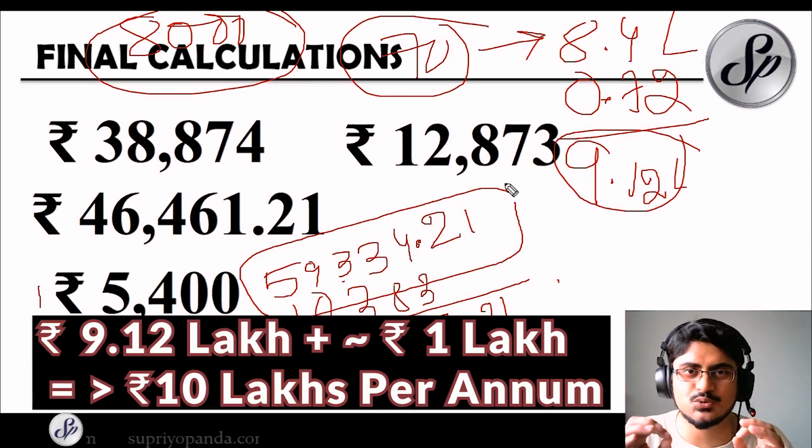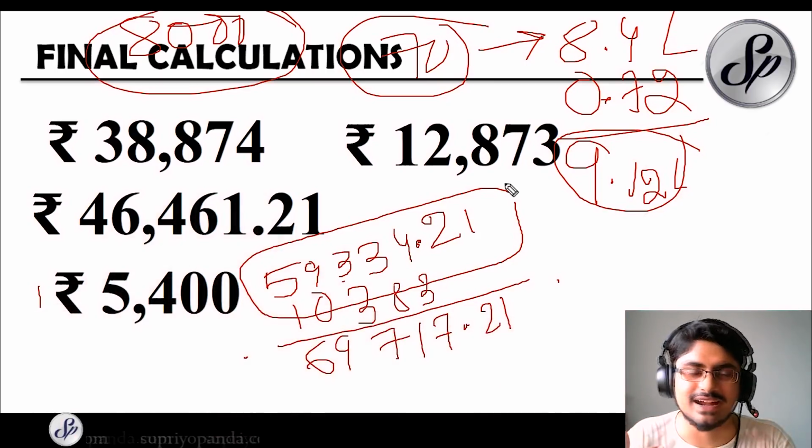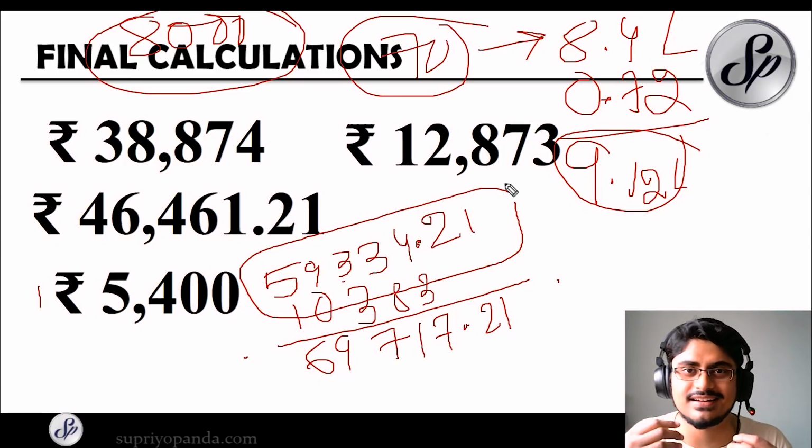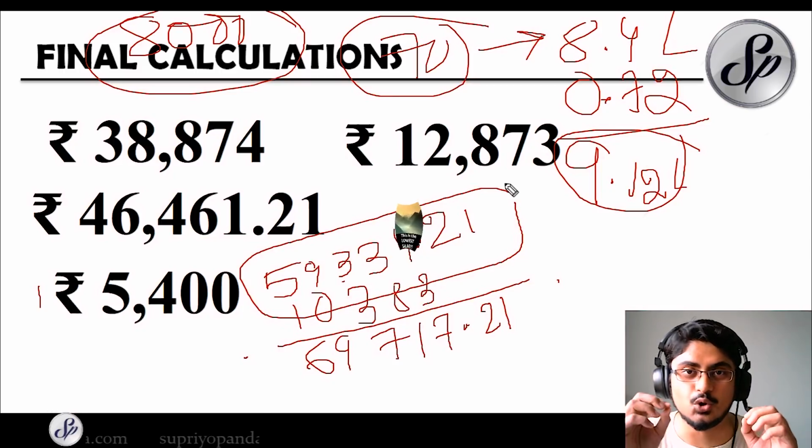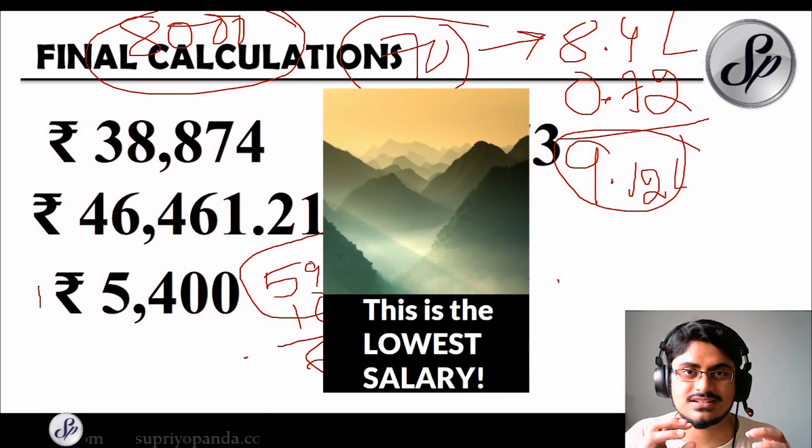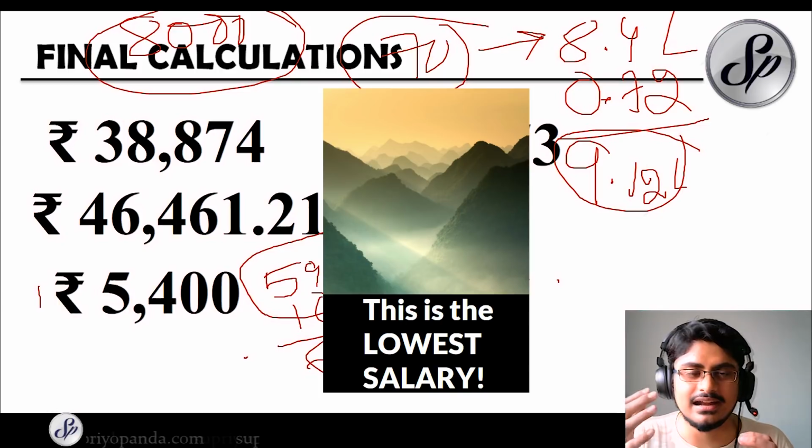So the actual cost to company, CTC, that SBI is paying an SBI PO is more than 10 lakh rupees per annum. And I hope that you now have a clear idea about the salary that you can expect as an SBI PO. And remember one thing, this is the lowest range. We have considered things which are for the rural posting, and for the city posting, for the urban, for Mumbai, Delhi, those kinds of locations, you are going to get a lot more.